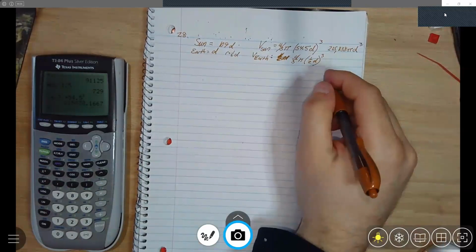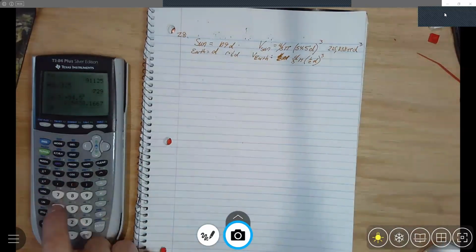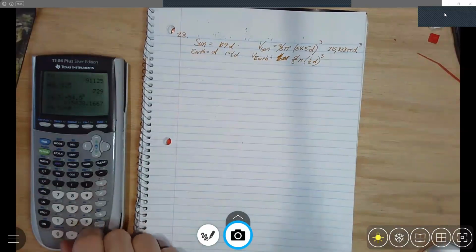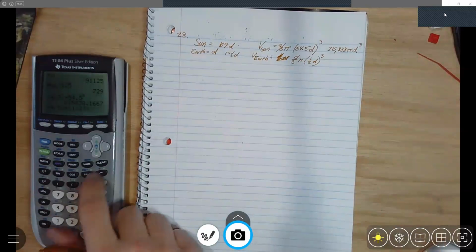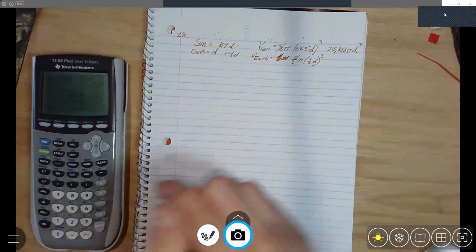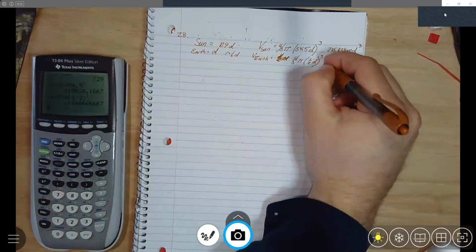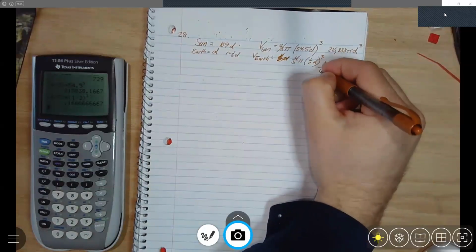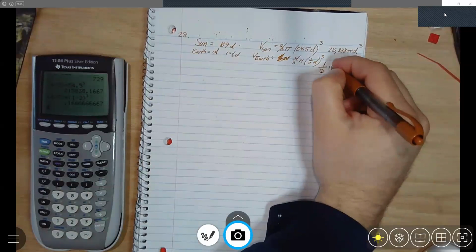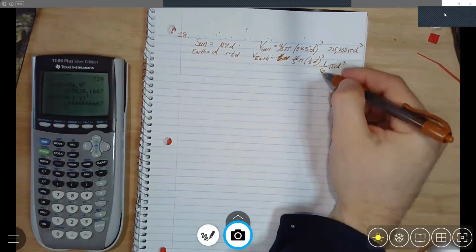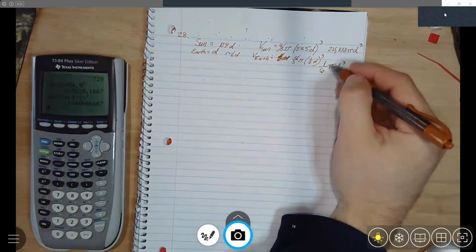And then the Earth is going to be 4/3 times 1/2 cubed, and you get 1/6 pi d cubed. So what is the difference here?